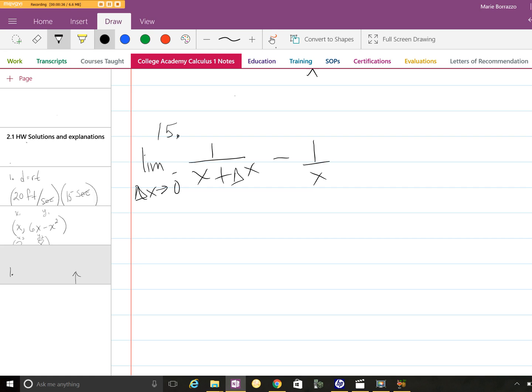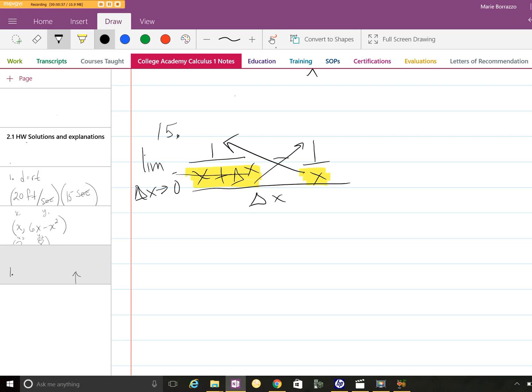Okay, so what do we know about fractions when we subtract them or add them when we don't have the same denominator, right? We need to get a common denominator. So I'm going to highlight these for a moment. And we're basically going to multiply this one up here, this one up here.